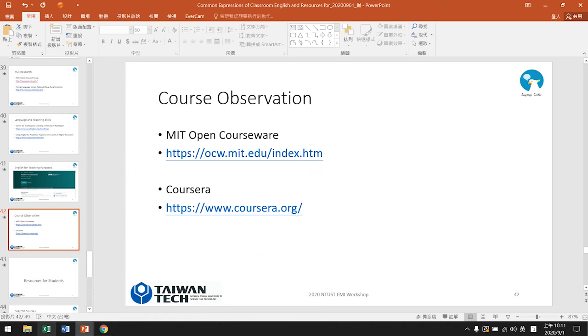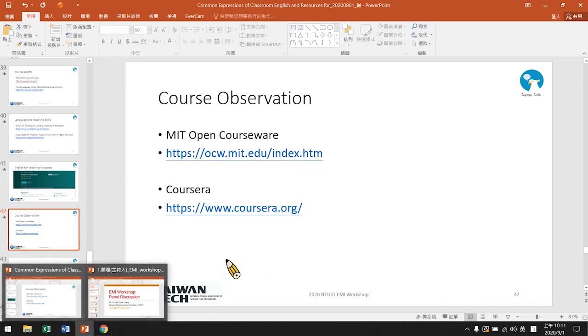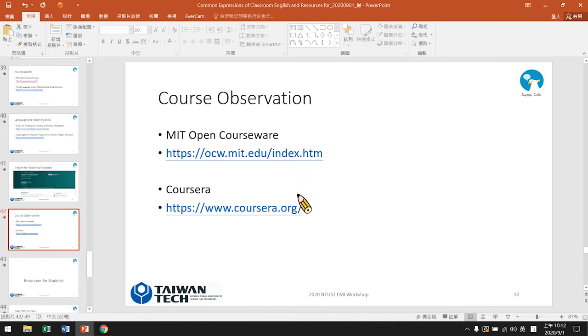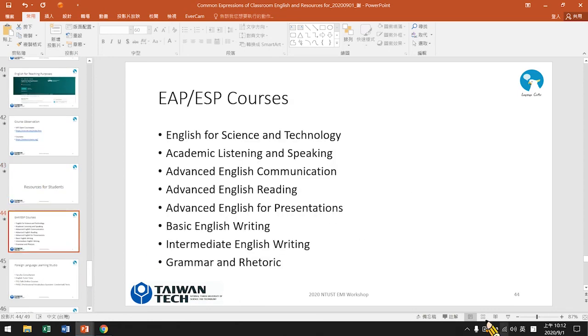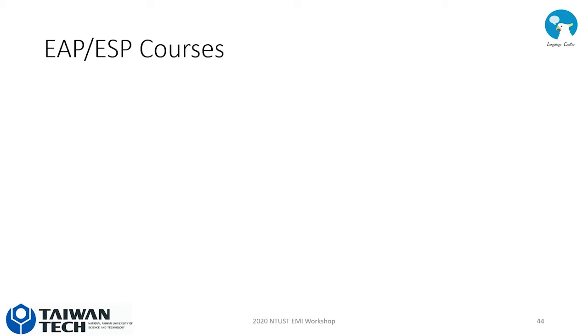They even have PE classes on MIT OpenCourseWare. It's quite fun. You can see people teach diving, and they upload all their handouts and videos on this website. Okay, so you can go to that website. I won't show it one by one. And resources for students.